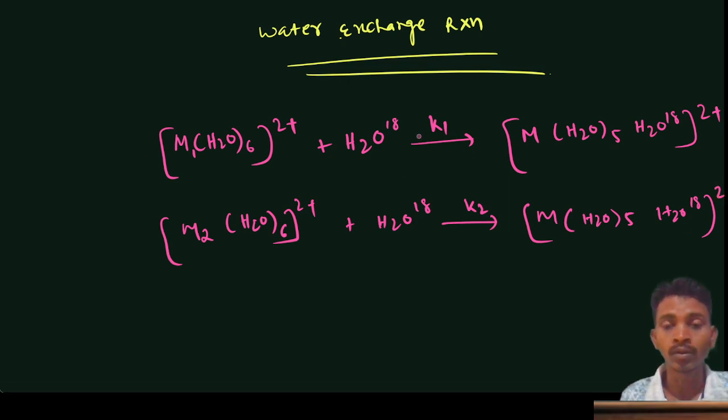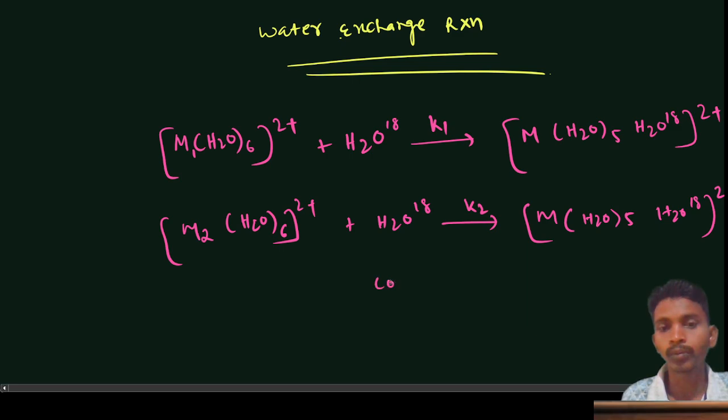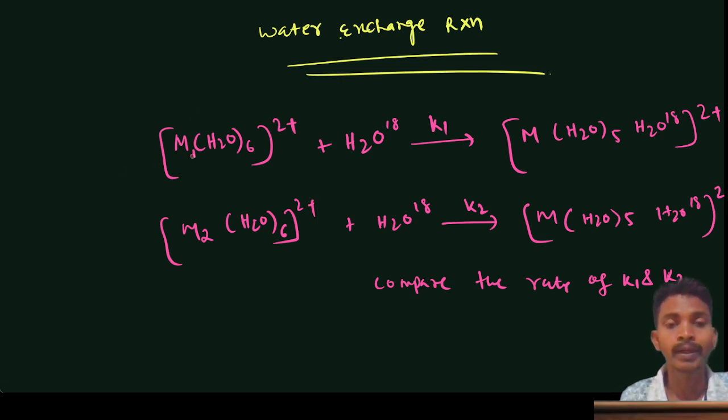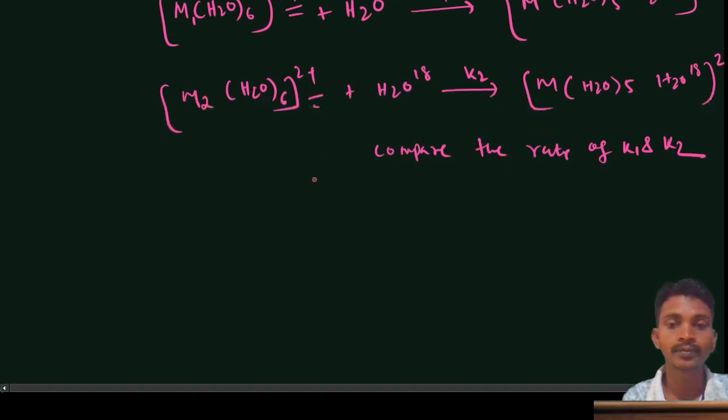Now we will look at what the rate of K1 is, and compare the rate of K1 and K2. So how will you compare? By looking at what metal is there, by looking at the metals and the charge, we'll compare the rate, whether K1 is greater or K2 is greater. So that will depend.